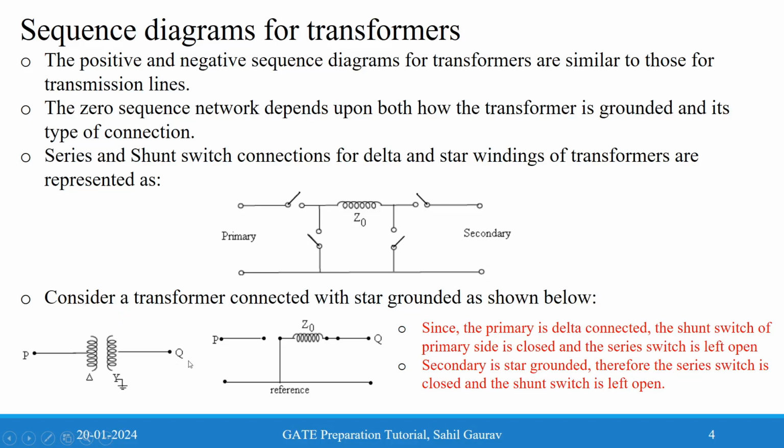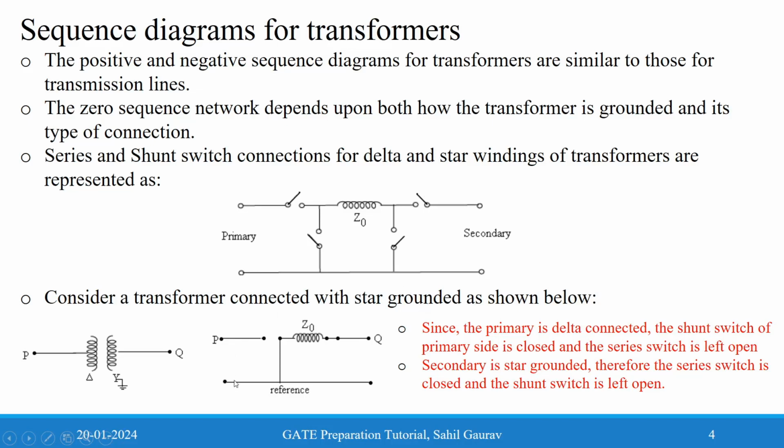Here we are considering a transformer with a star grounded connection, as you can see here. In the primary it is delta connected, so we have closed the shunt switch. In the secondary side, since this is star connection and it is also grounded, we close the series switch.